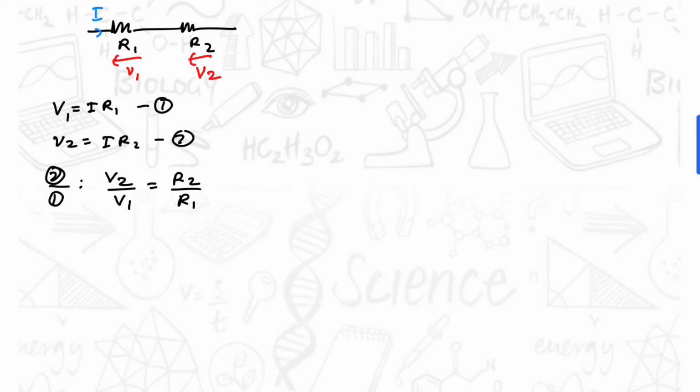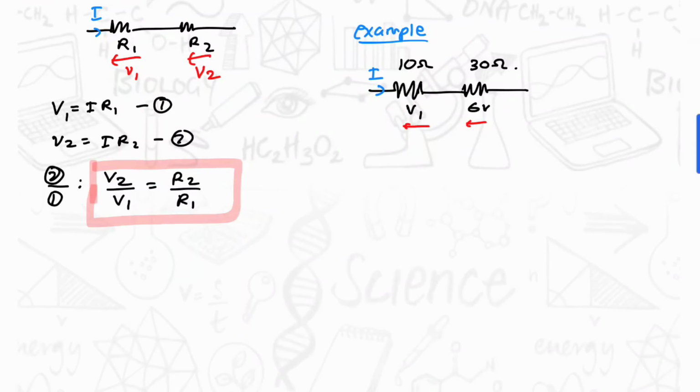So we can say that when two resistors are connected in series to each other, the ratio between their potential differences is equal to the ratio between their resistances. Example, let's try this out. Now we have two resistors with resistance 10 ohm and 30 ohm.